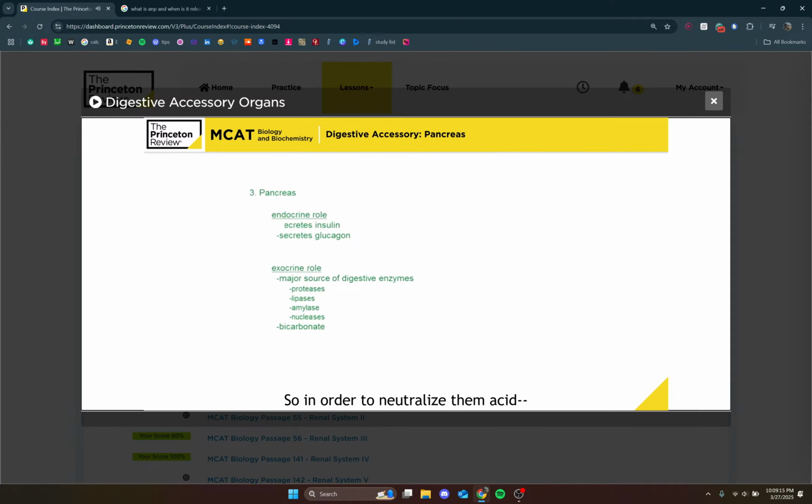So in order to neutralize that acid and bring the intestinal pH back up to a more neutral level, the pancreas is going to release bicarbonate along with all of these digestive enzymes. That helps to bring the intestinal pH up to around 6 or 7, which is a much better optimal pH for these enzymes to be functioning at.